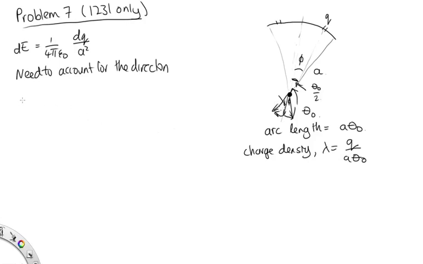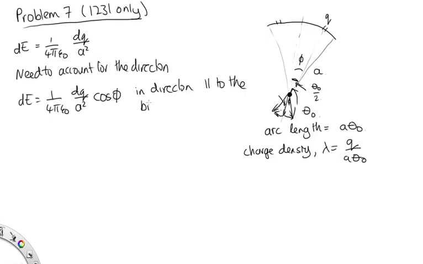So the dE is equal to 1 over 4 pi epsilon naught dq over a squared times cos phi, and this is in direction parallel to the bisecting line. Okay, so what we need to do is just add together all these increments across the whole arc.